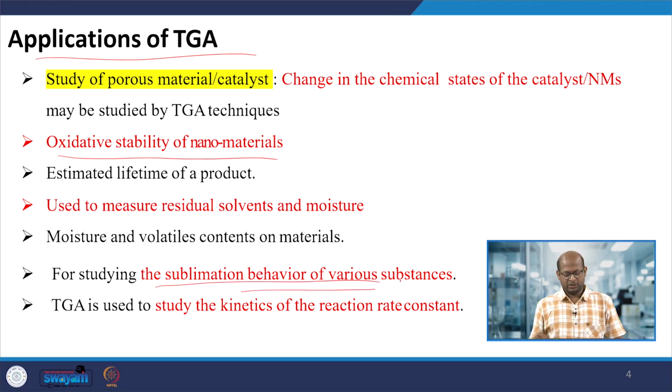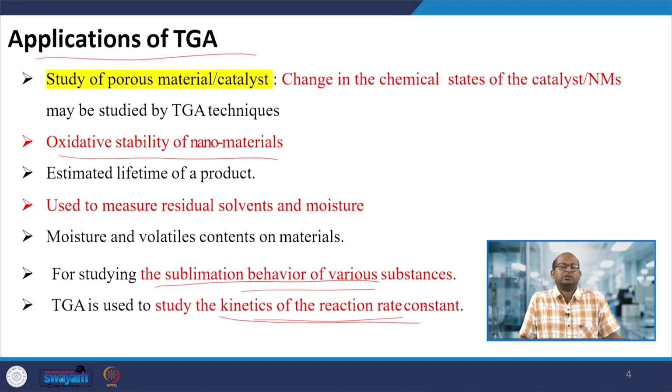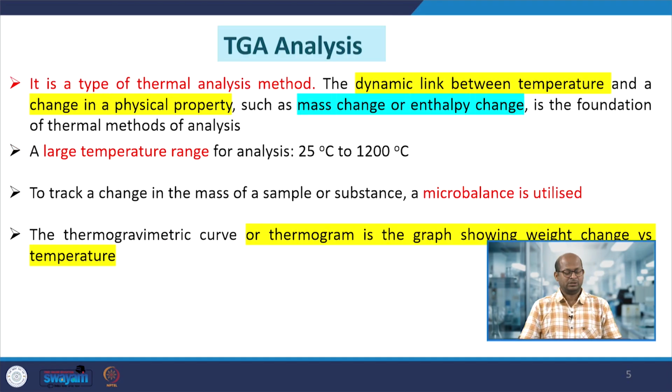Also material properties, the sublimation behavior, at what temperature it sublimes, that we can find out. It can also study the kinetics of reactions, rate constant and activation energy for specific reactions, that we can find out using this analysis. The temperature range, as I said, is 25 to 1200 degrees centigrade, and a microbalance is used.